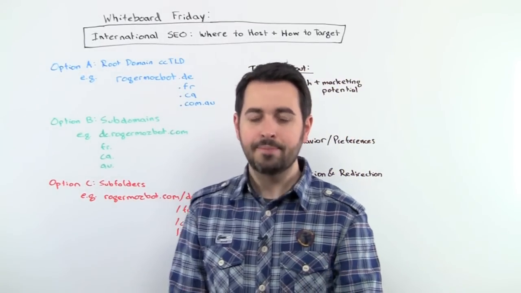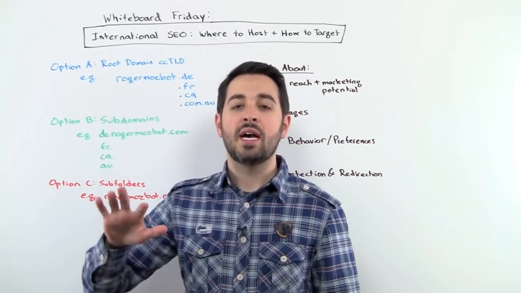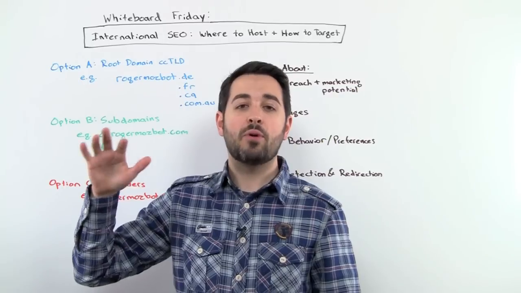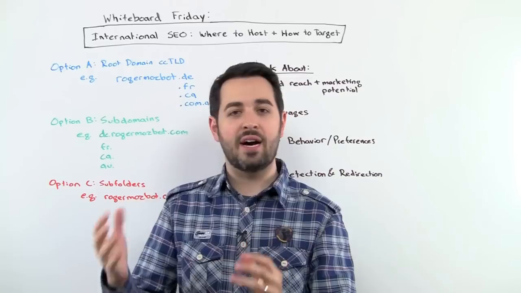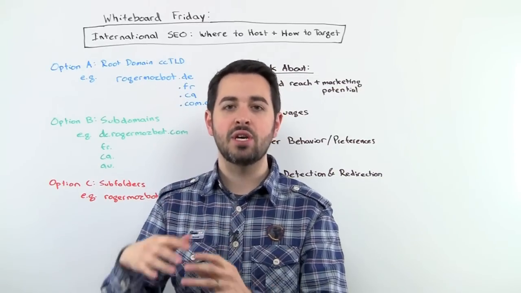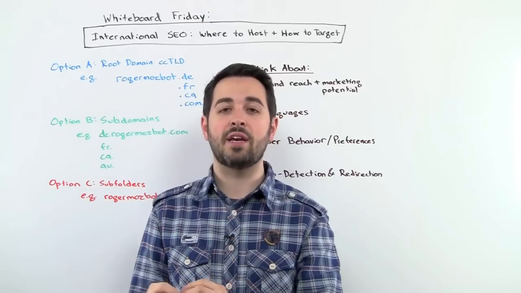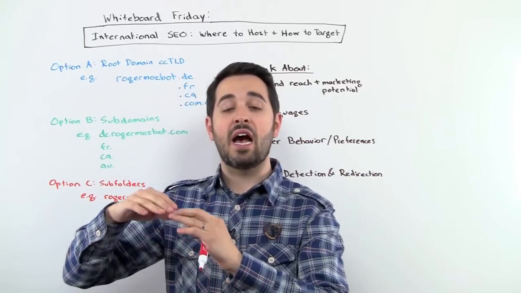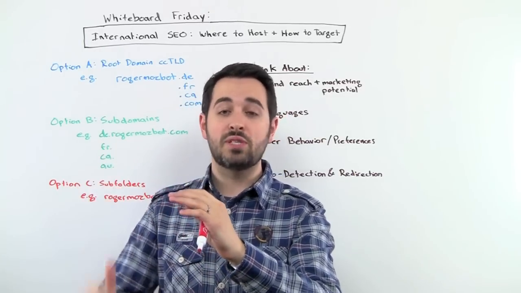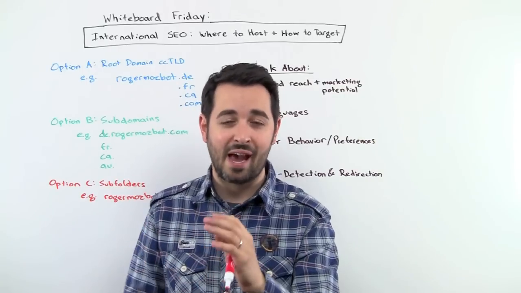The premise of the problem is that essentially in a perfect world, we would have one domain and we could have content of all different kinds, different languages, different countries on it, and the engines would easily recognize which content was targeted to which countries, and we might have separate filters to make sure that there's no duplicate content issues.